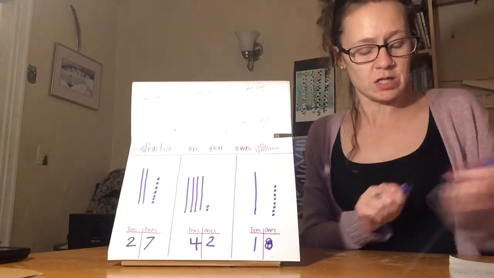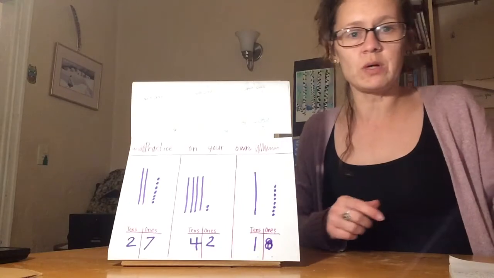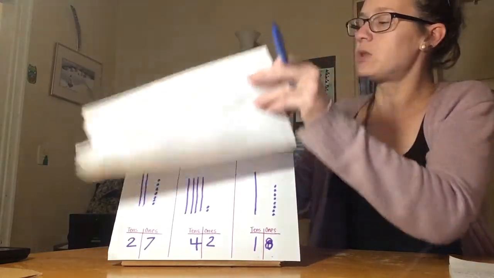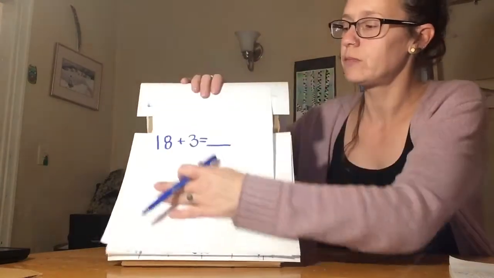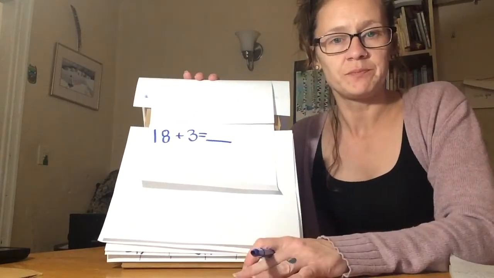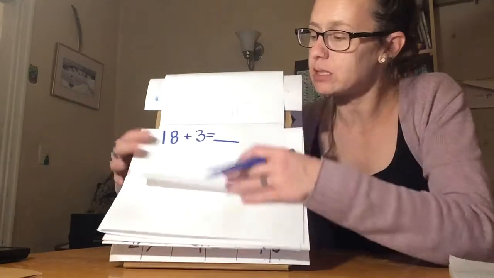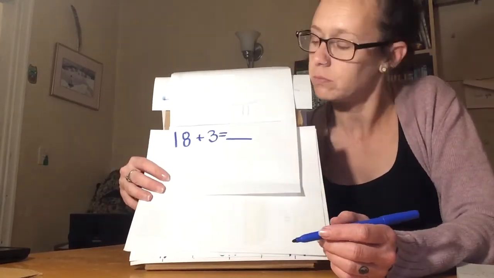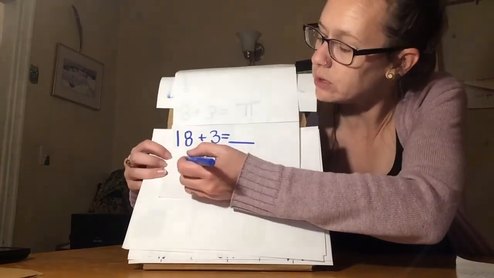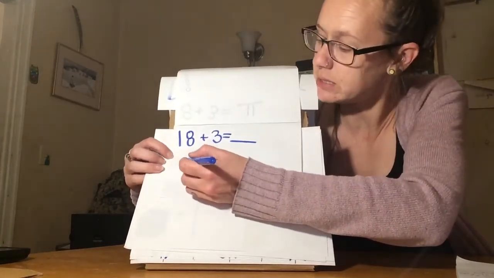All right, looks good. So now, going back to that hard problem in the beginning that we had, 18 plus 3. We can solve this problem pretty easily by drawing some quick tens and ones and then counting them all together. So, I'm going to go ahead and draw a 10 for my 18.